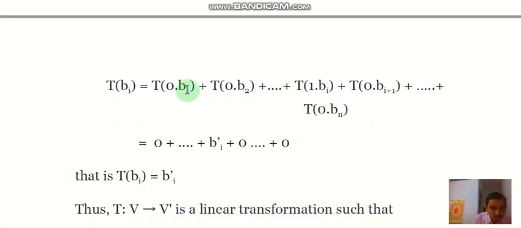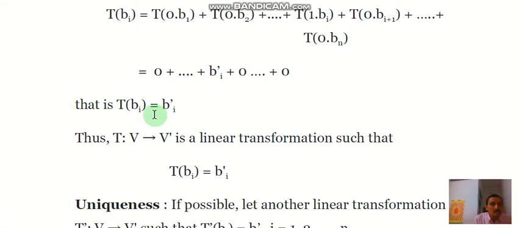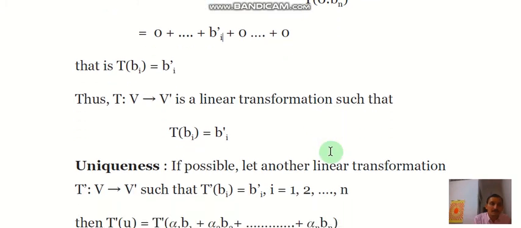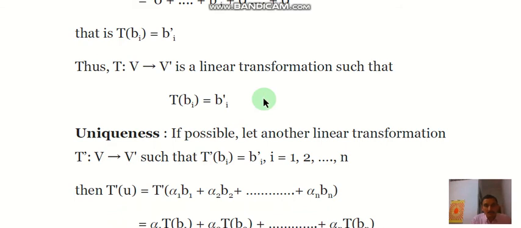Applying the scalar property, the first term is 0, the second term is 0, only the term 1 T(bi) remains, and T(bi) equals bi'. So T from V to V' is a linear transformation such that T(bi) equals bi'. Such a mapping exists which will take each bi to bi'.